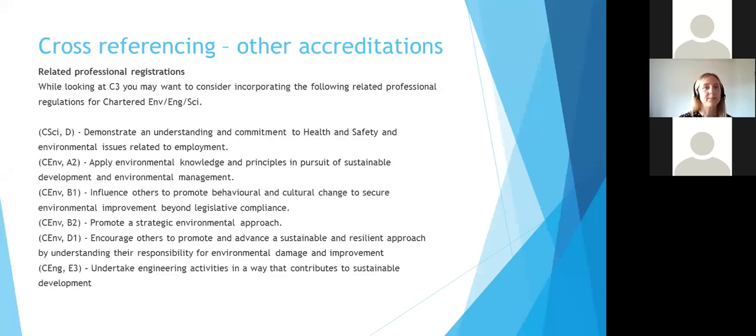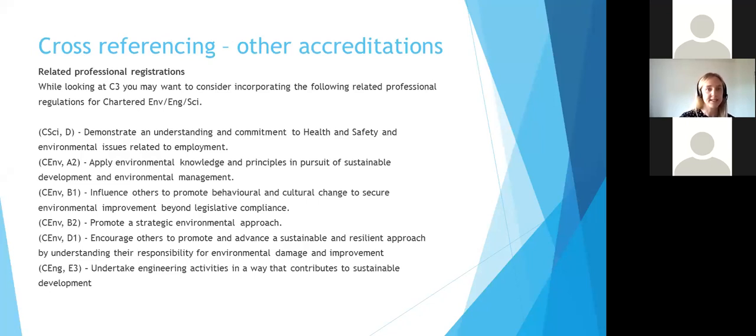So as always, just a slide here cross-referencing across to other accreditations. So if you are also looking to go for beyond Chartered Water and Environmental Manager, also Chartered Environmentalist, Engineer or Scientist, there are these other cross competencies which you can be looking to for this one.